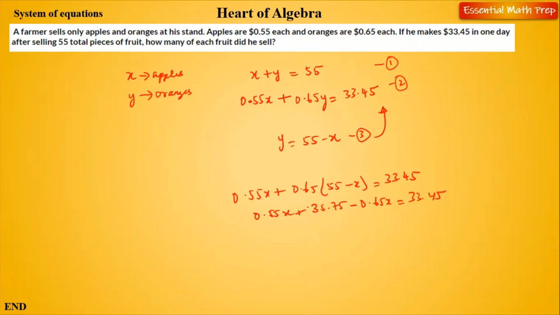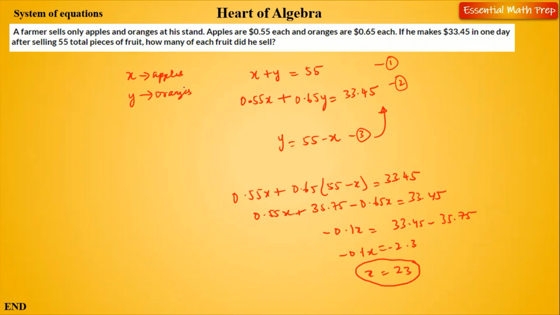So that means 0.55 minus 0.65 is negative 0.1X equals 33.45 minus 35.75. So 35.75 minus 33.45 is 2.3. Okay, this is negative as well. So X equals 2.3 divided by 0.1. Okay, so that is 23.